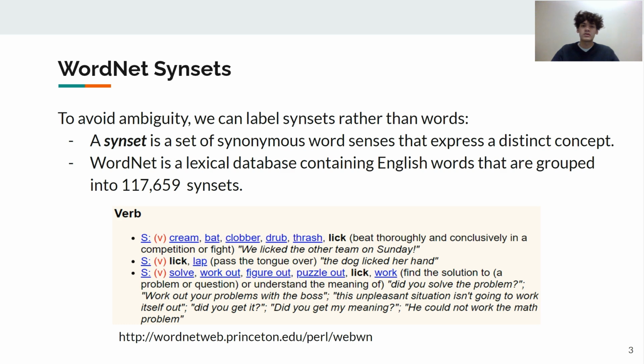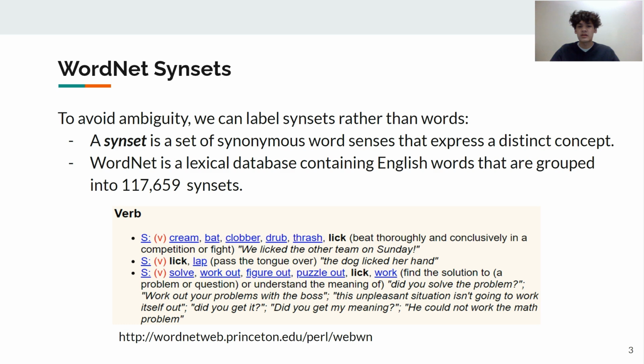We make use of the lexical database WordNet, which contains English words that are grouped into over 117,000 synsets. Below here, we have the WordNet entry for the three verbal senses of lick that we were just considering. This top sense expresses the concept to be thoroughly and conclusively in a competition or fight.